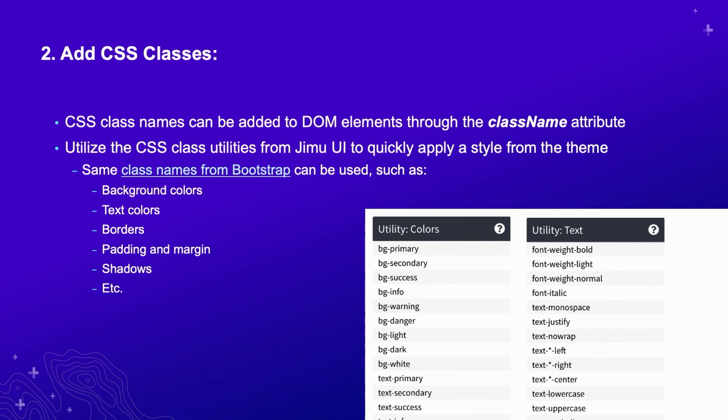For example, you can add a class name called bg-primary to the container of your widget, to let it use the primary color from the theme as its background color. These utility classes follow the same naming convention as the ones from Bootstrap. For example, the background colors, text colors, borders, sizing, shadow, and etc. As seen in this screenshot here.